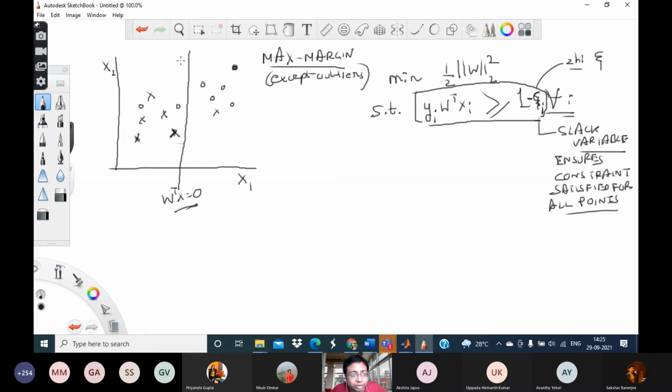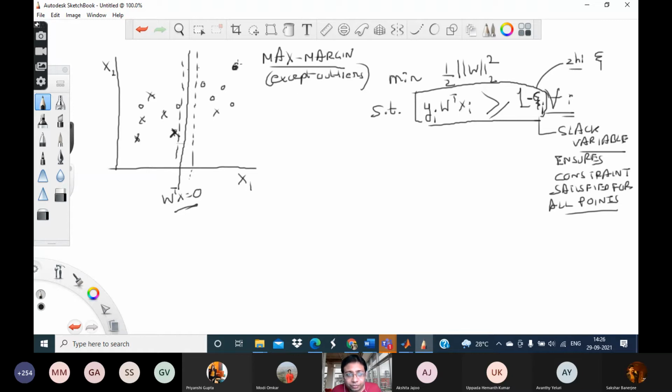Of course, there are the marginal classifiers. This is one marginal classifier, and let us say there is another marginal classifier like this. If you look at this particular point, it lies on the correct side of both the optimal classifier as well as the respective marginal classifier. So there is no problem in classifying this point.